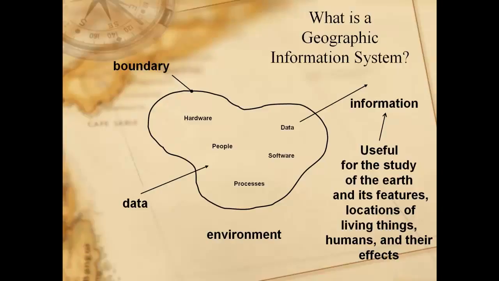So a geographic information system is a system that processes data, produces information, and the data and the information that a geographic information system works on have something to do with geography. So if you think back to the first video, it is an information system where geography matters, where it makes a difference where. So that's all a geographic information system is. But it's also hardware, software, people, data, and processes.